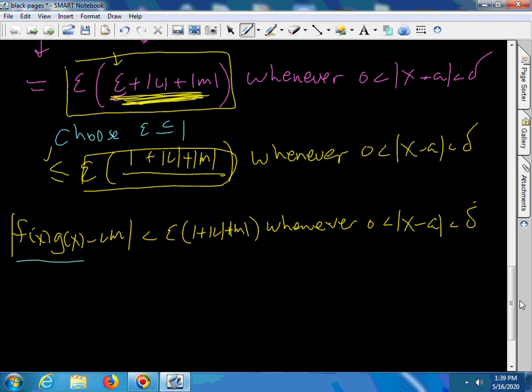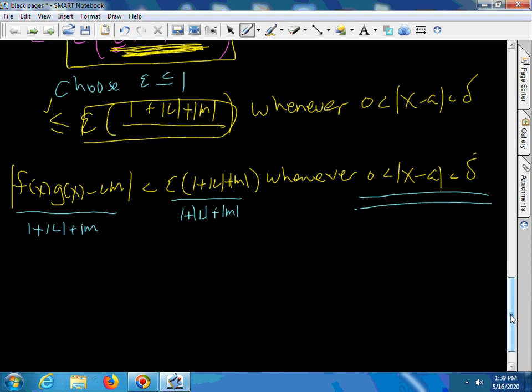If I divide by 1 plus L plus M on both sides, this piece shouldn't change.